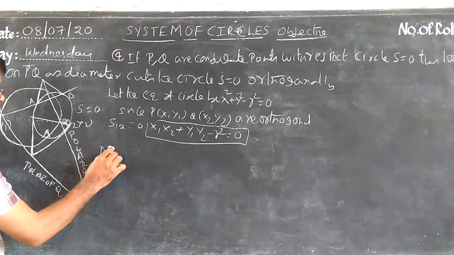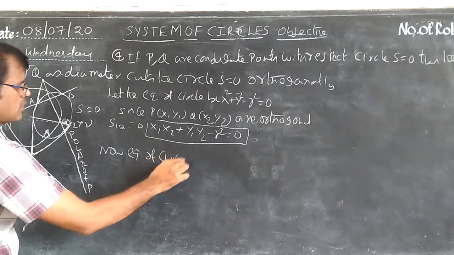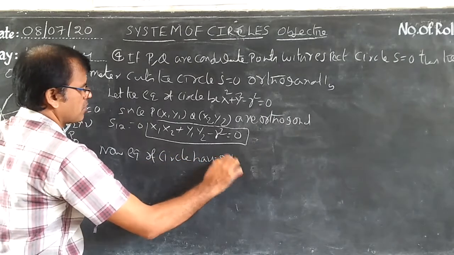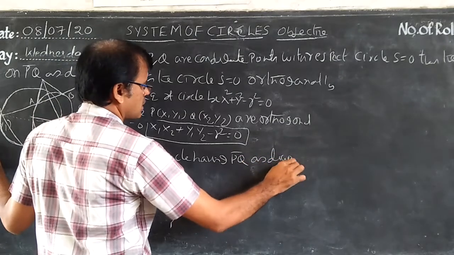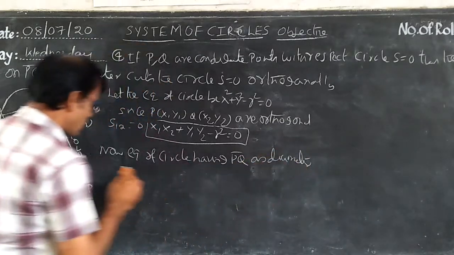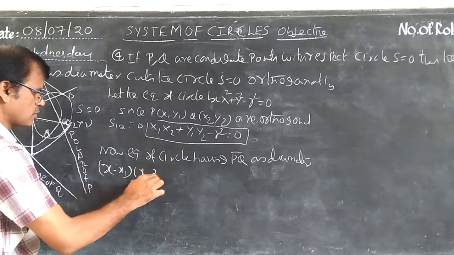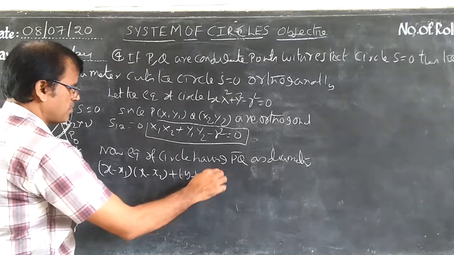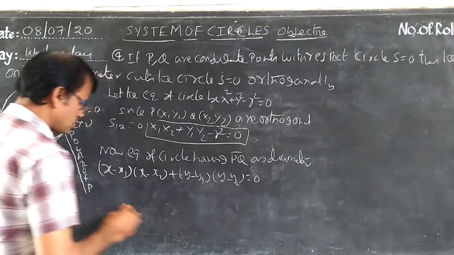So now you can write the equation of the circle having PQ as diameter. The formula we know is (x minus x1)(x minus x2) plus (y minus y1)(y minus y2) equal to 0.